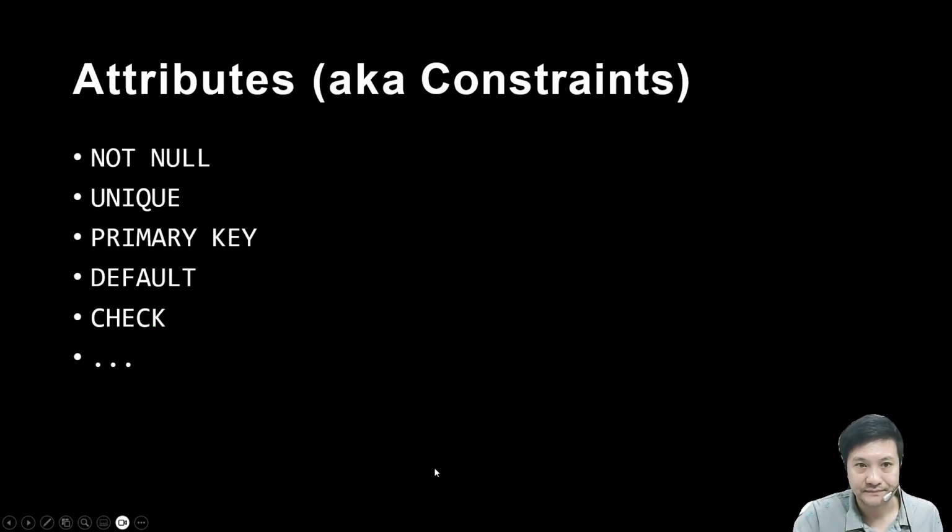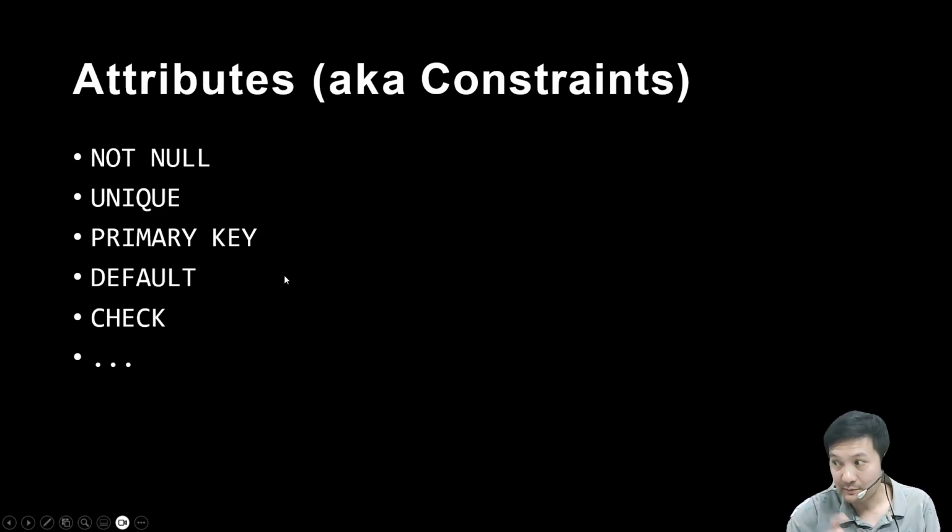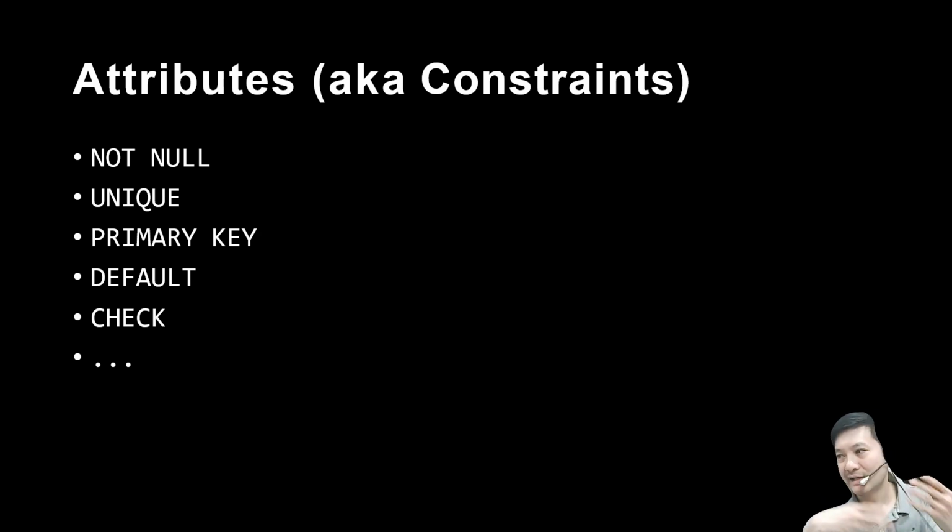For the attributes, there is some very common usage. For example, remember, every table must have a primary key. For whatever reason, it does not make sense without a primary key. And then you can have other constraints. For example, we have the column ID, the column email, and the column username.